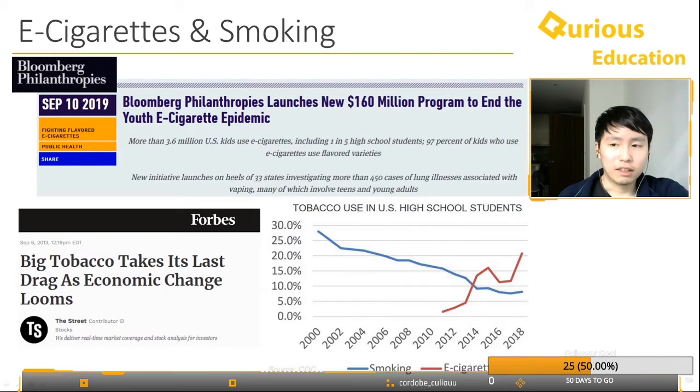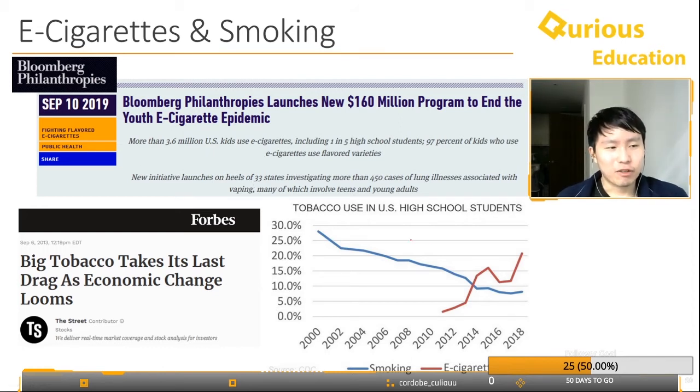Okay, so that's pretty much about complements, and now let's look into the opposite of complements, which are substitutes. I'm sure a lot of you have heard about e-cigarettes and smoking as well, and that you're being told not to smoke at school, which I definitely agree, because it harms your health.